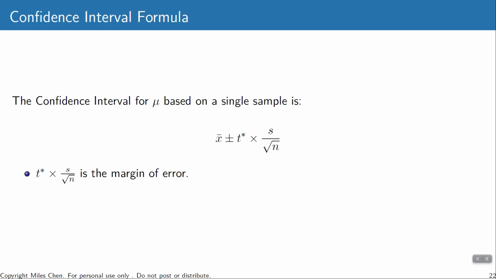All right, so we put this all together and we create the confidence interval formula: x bar plus or minus t star, or critical value t, times s divided by the square root of n.